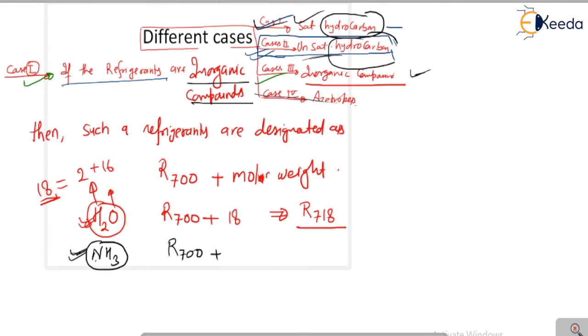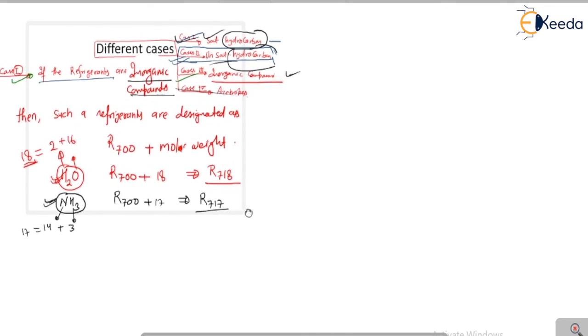My dear friends, the molecular weight of nitrogen is 14, and for hydrogen the total is 3, that means 1 plus 1 plus 1. That means the total molecular weight of ammonia is 17. That means R700 plus 17, so you can easily write ammonia in the form of R717. This is the special designation of ammonia. Okay. So my dear friends, this is the way.